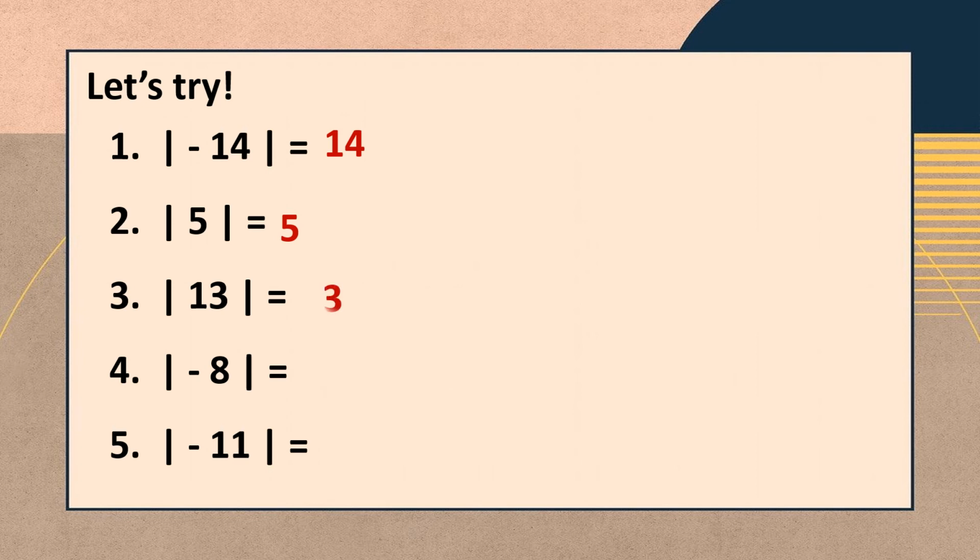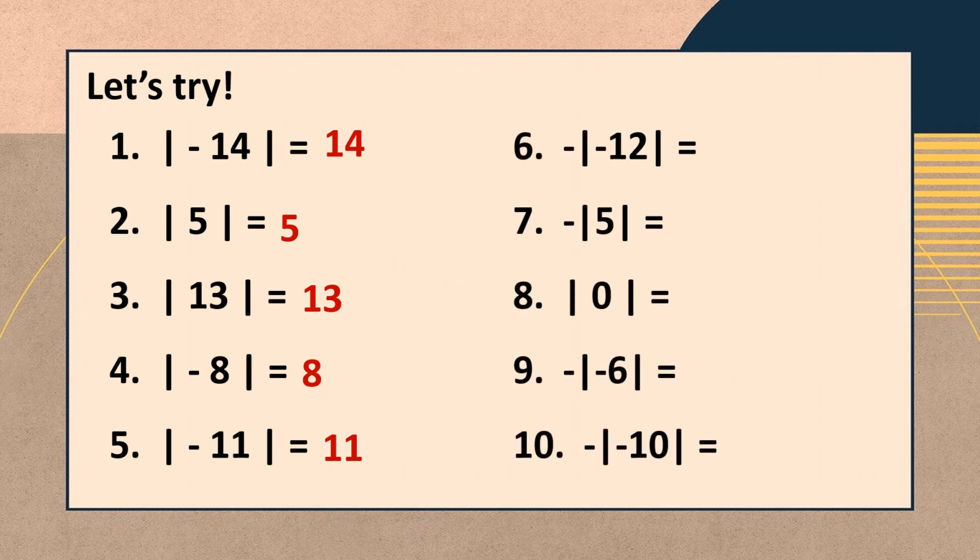So that is positive 13. Number 4. What is the absolute value of -8? That is positive 8. Number 5. What is the absolute value of -11? That is positive 11.